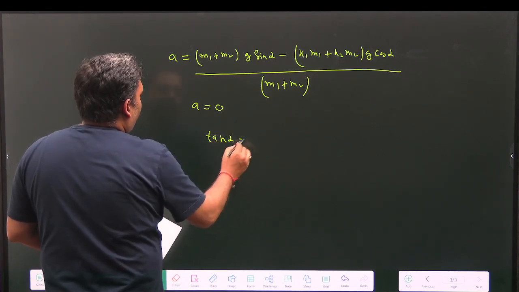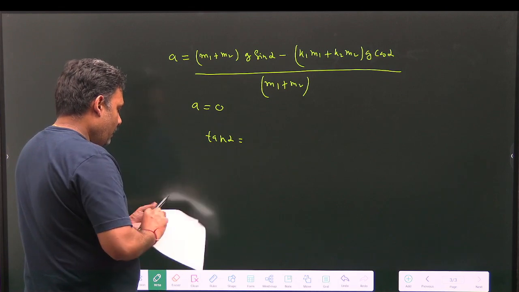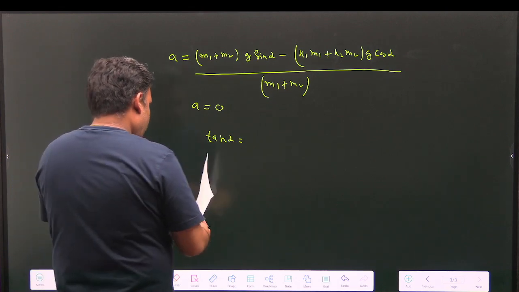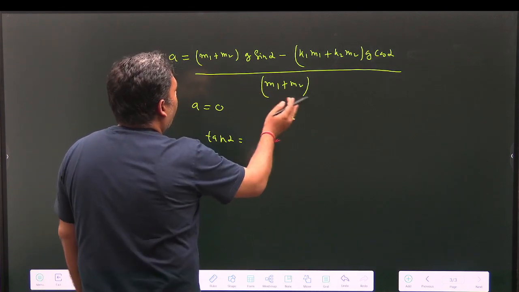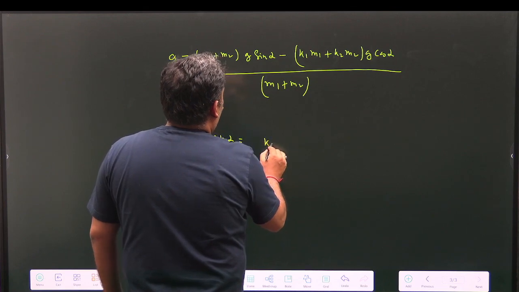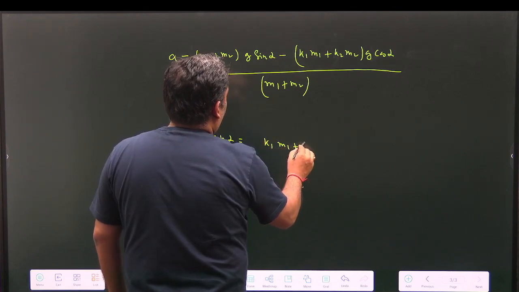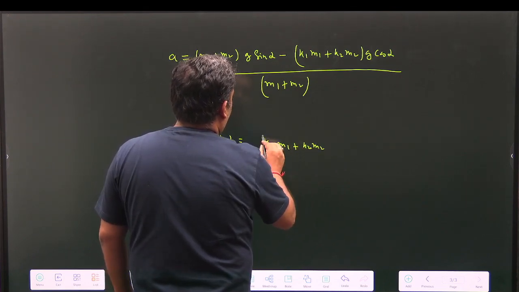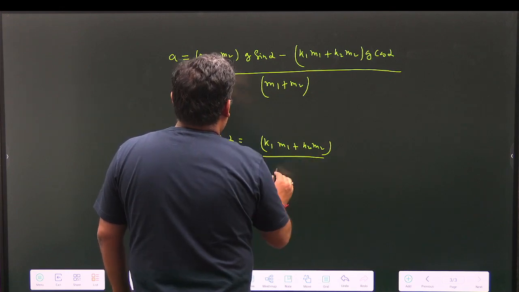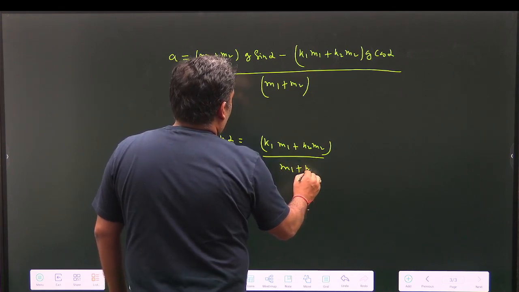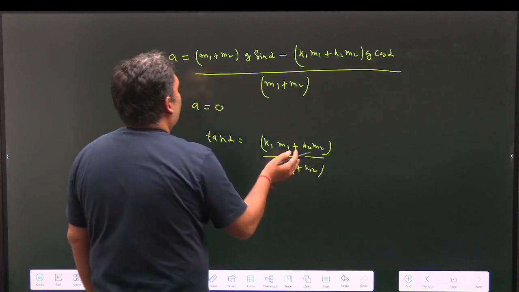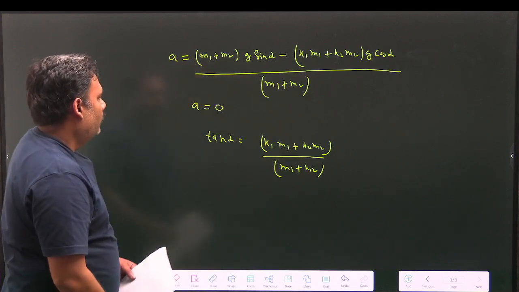So tan alpha is equal to (k1 m1 plus k2 m2) upon (m1 plus m2). This value is your tan alpha.